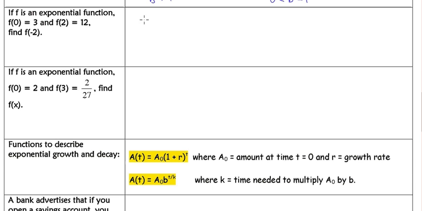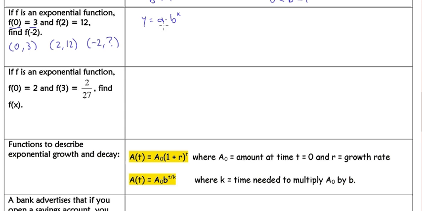So we have y equals a times b to the x power. From here, we want to pull out that one point has an x value of 0 and a y value of 3. The other point has an x value of 2 and outputs a y value of 12. And then we're looking for what output we get when we have negative 2 as our x value.